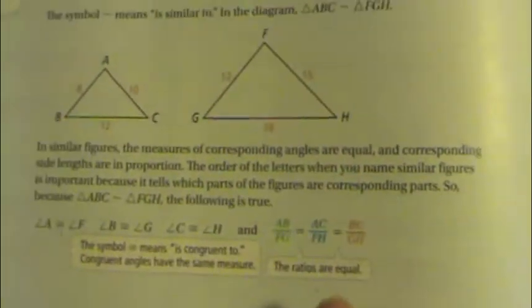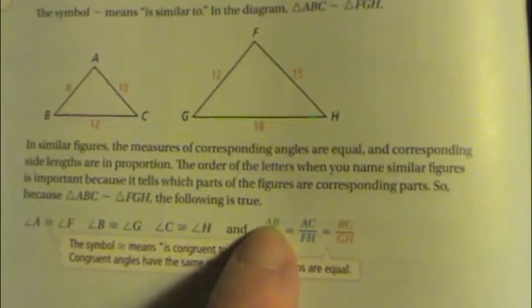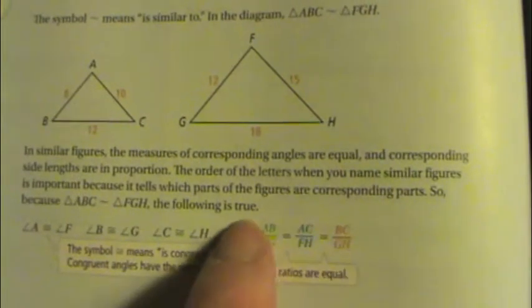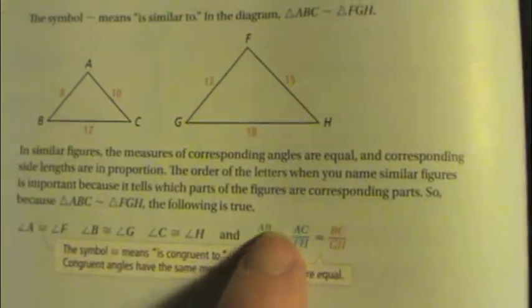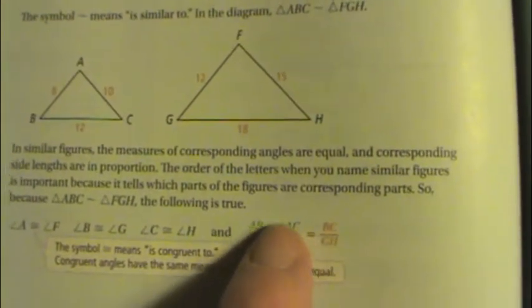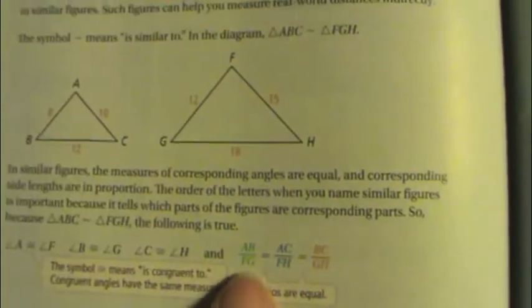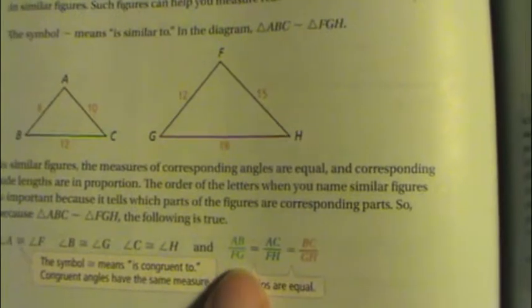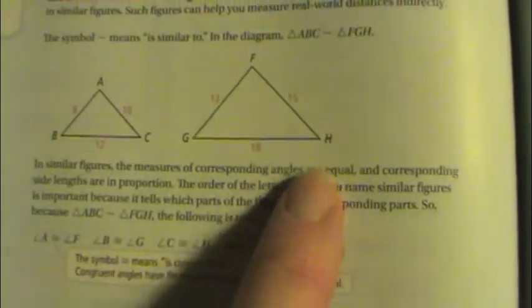The bottom on this triangle, the bottom on that triangle. Notice that in this proportion, all the sides in the numerator are from the same triangle. All the sides from the denominator are in this triangle. Okay? So, what good is all this?